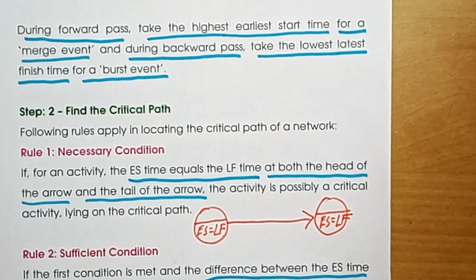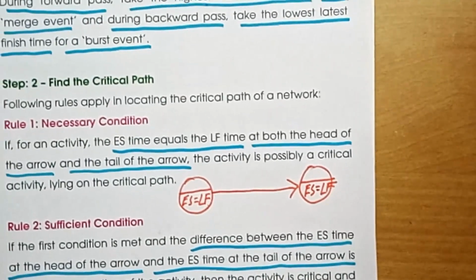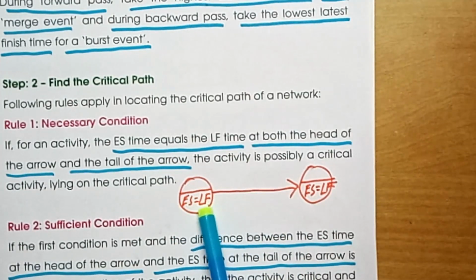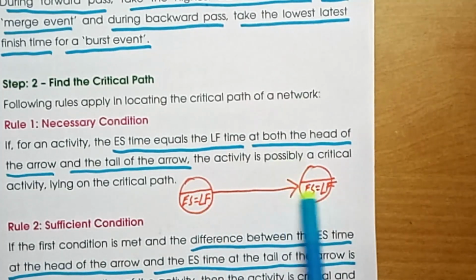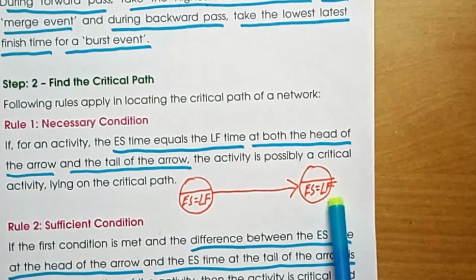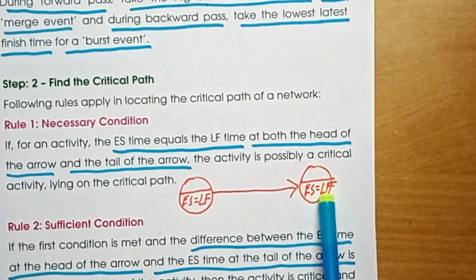The necessary condition says that for an activity to become a critical activity, at the tail of the activity arrow, the earliest start and latest finish must be equal, as well as at the head of the activity arrow, again the earliest start and latest finish must be equal.